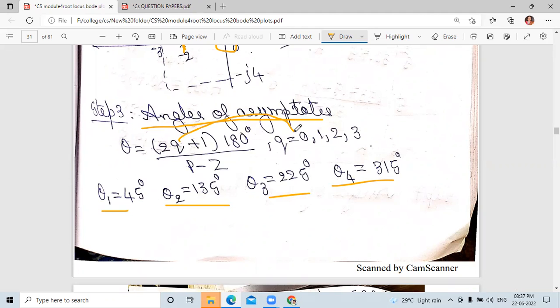So for this, q equals 0, and for this, q equals 1, and for this, q equals 2, and for this, q equals 3. Okay, so when you substitute these values, you will get theta 1, theta 2, theta 3, and theta 4.